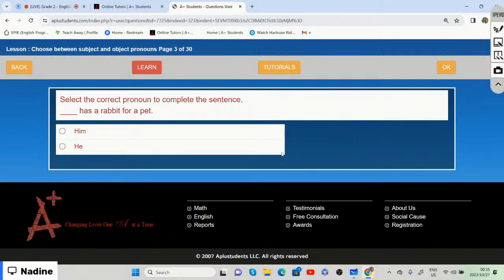Has a rabbit for a pet. Do we say him or he? We can say he has a rabbit for a pet.